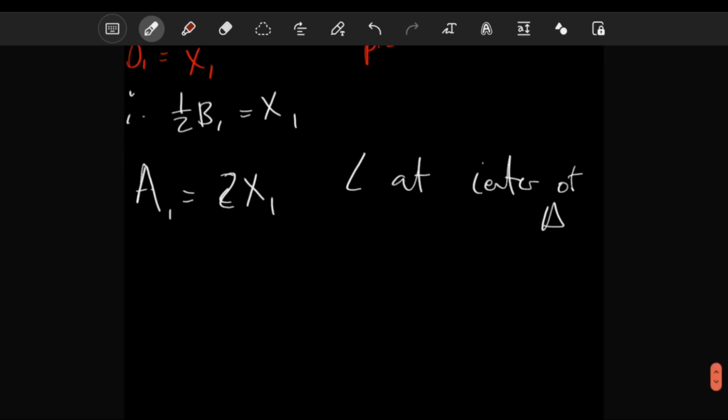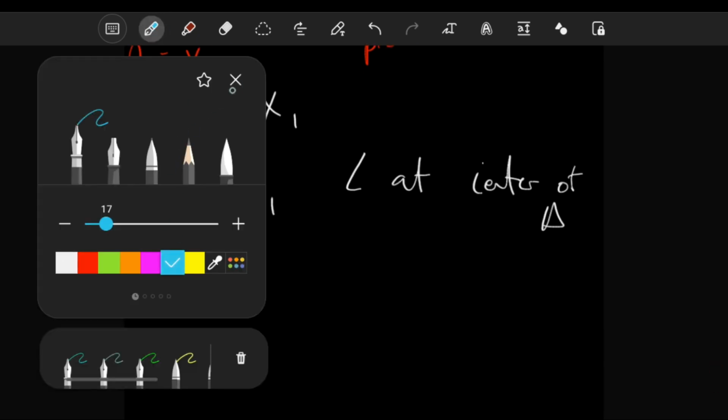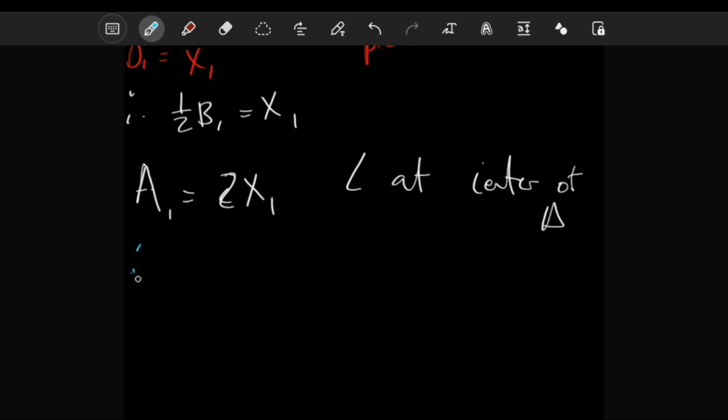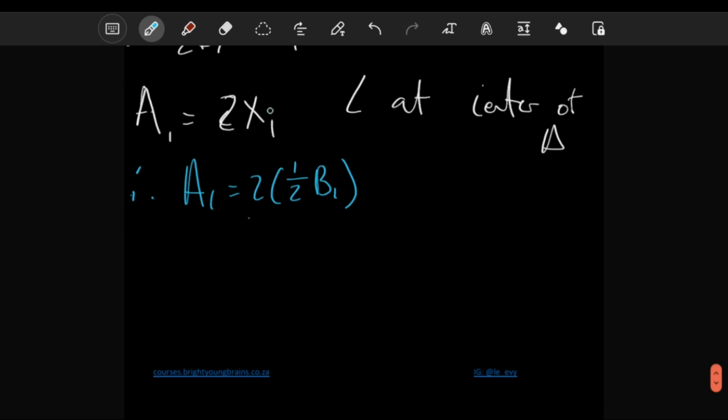And then where X1 is, we can throw half of B1 over there. So here we can say, therefore, A1 is equal to 2 times half of B1. And then just do a calculation. This is equal to B1. This is equal to A1.